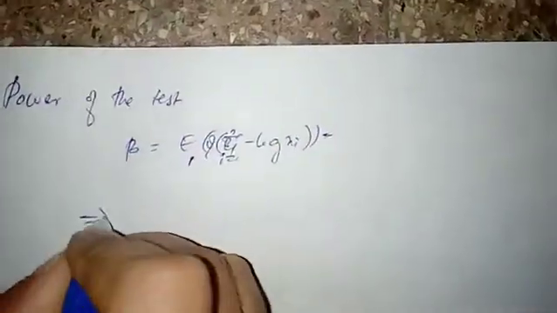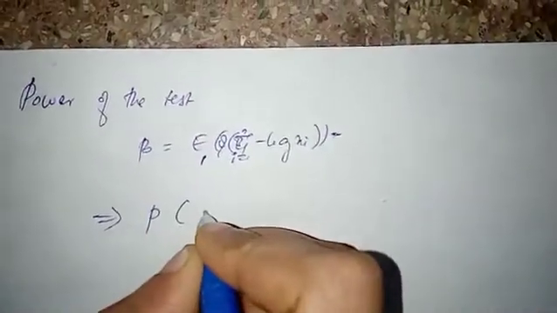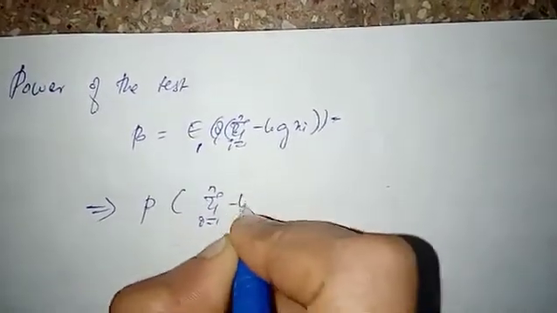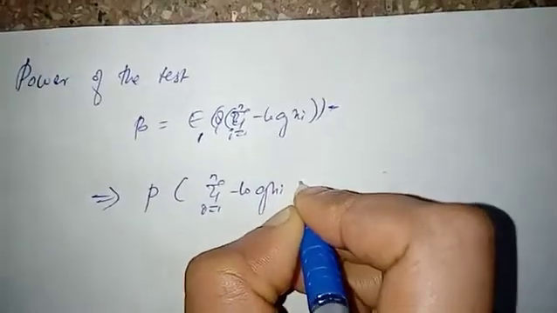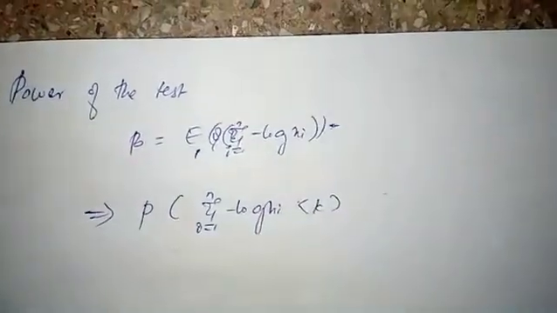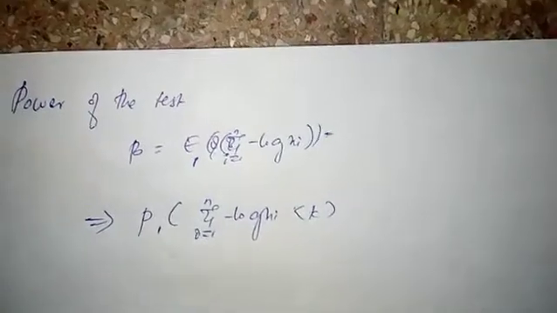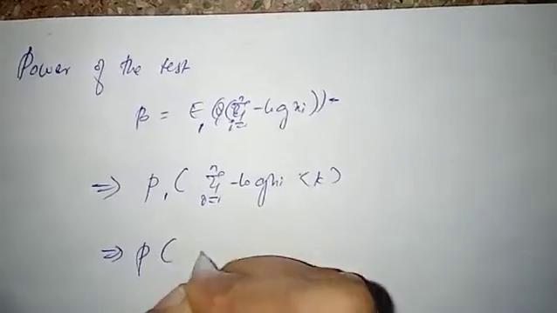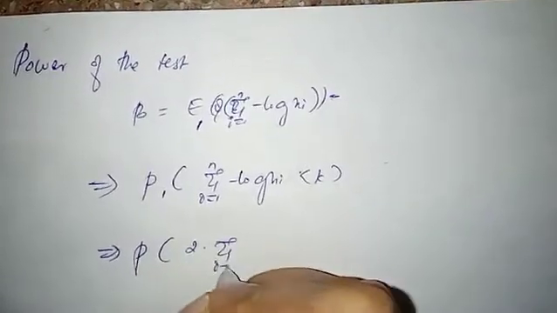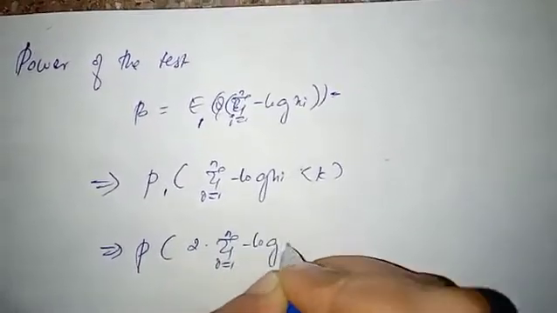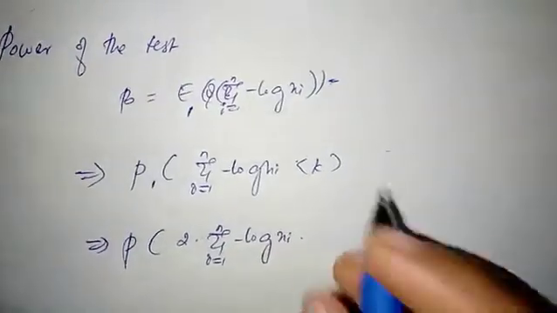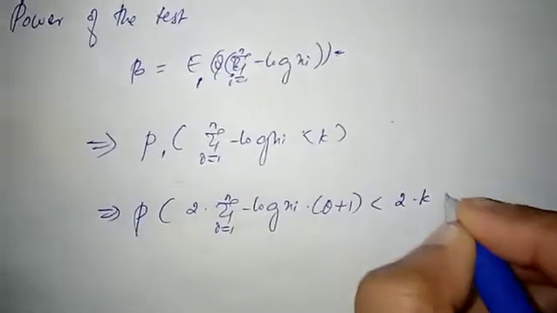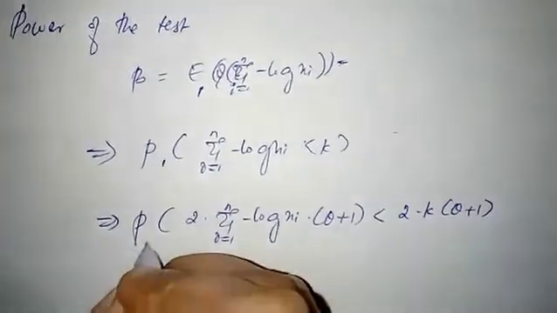It implies the probability that summation i = 1 to n of minus log xi is less than k under H1, which implies the probability of 2 into summation of minus log xi into theta plus 1 is less than 2 into k into theta plus 1 under H1.